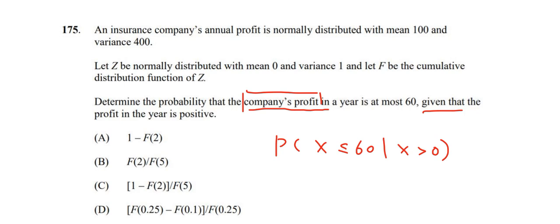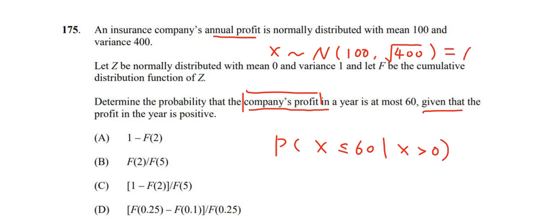So what is the distribution for x? Okay, x follows a normal distribution with mean 100 and variance 400. So the standard deviation is 20.